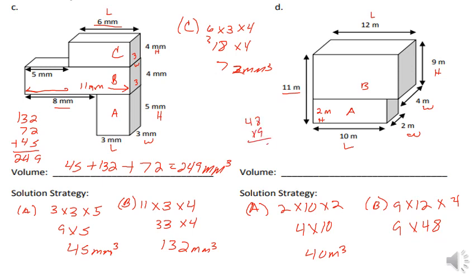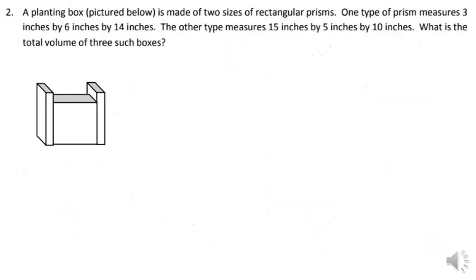Now 48 times 9 gives me 72, 36, it'll be 202. So that's 202 meters cubed. So we have 40 meters cubed plus 202 meters cubed equals 242 meters cubed.